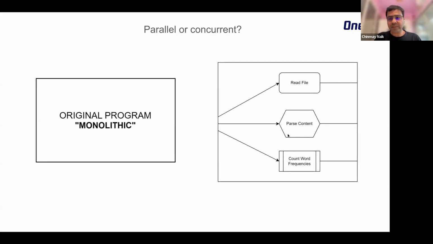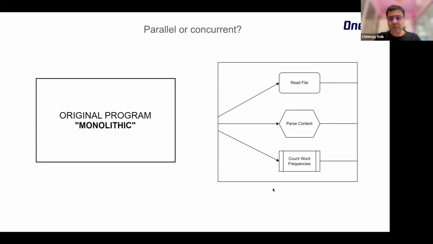We could debate whether these are the right functions, the right boundaries between them, and the interface and whatnot. But from a simplicity point of view, let's say we start with these three functions.